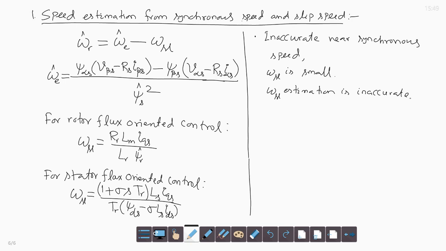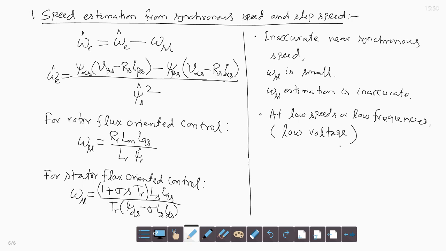Second thing, at low speeds, that means low frequencies, because at low speeds the frequency is also less. So, at low speeds or low frequencies, voltage is also low, because V by f control dictates that when the speed or frequency is less, voltage is also low.